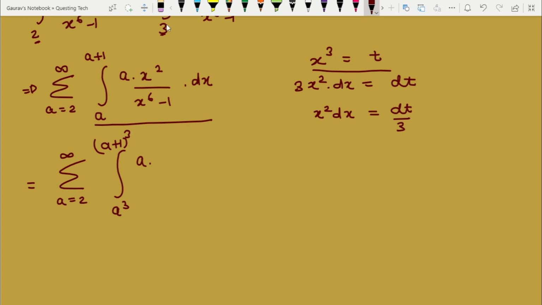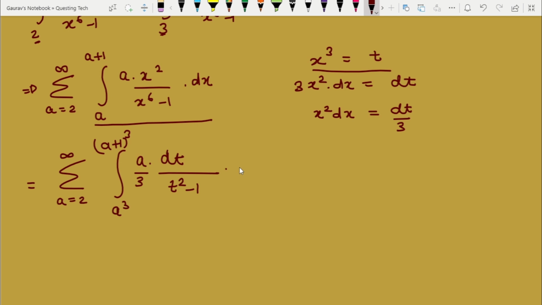And now we can integrate this one. x square dx is dt divided by 3, so the 3 comes out here. And this is x raised to power 6. We have x cube equals t, so can we say that x raised to power 6 is nothing but t square minus 1. Okay, simple. So this is an easy integral.